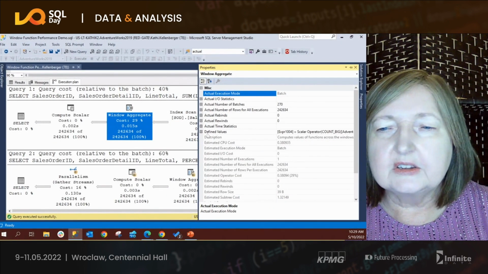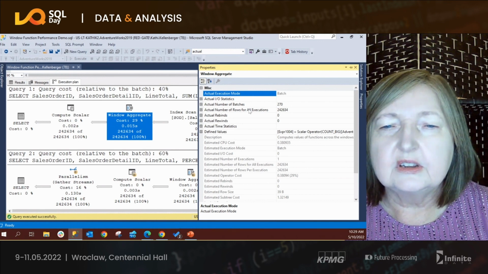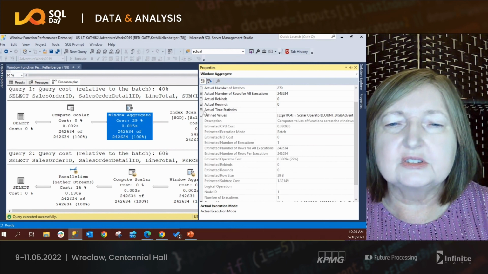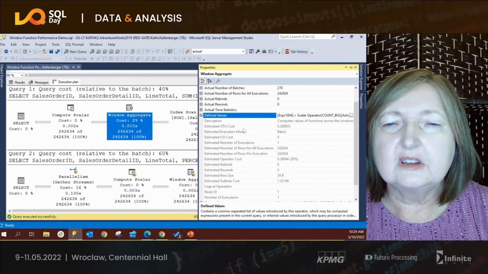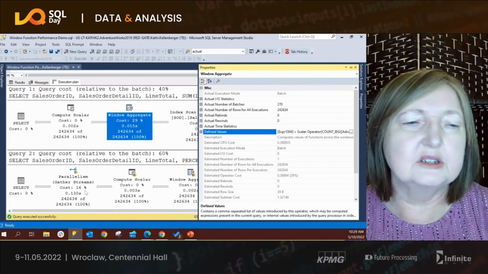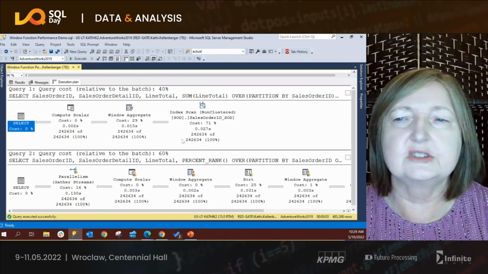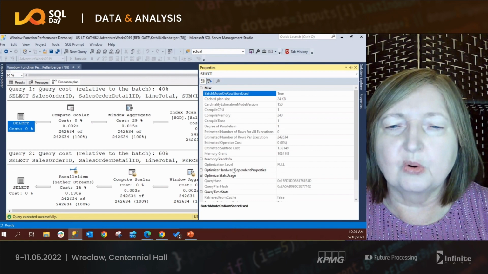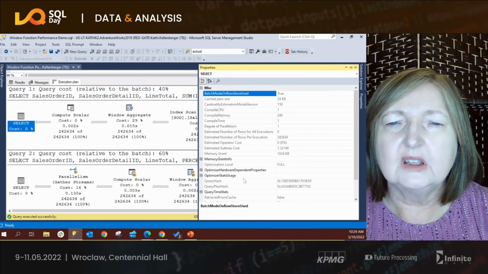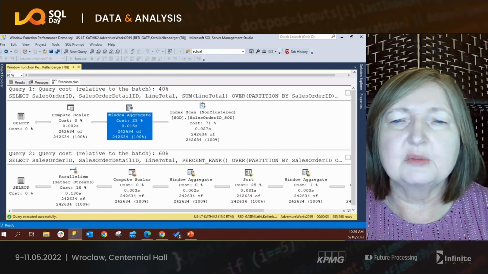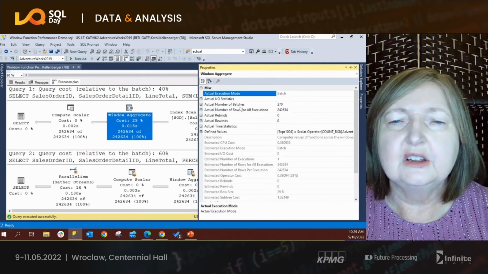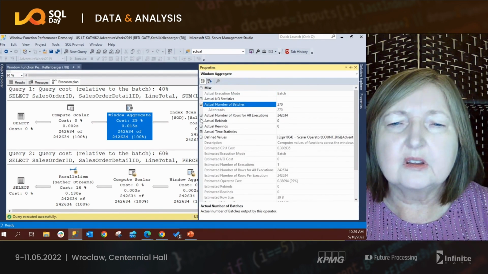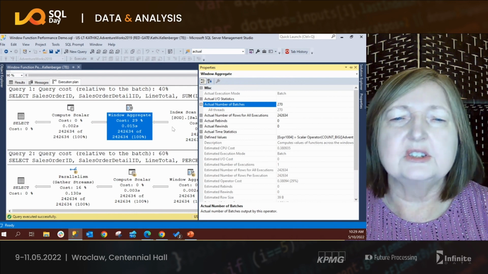And I can see it had 270 batches. I thought somewhere I could see how it divided the batches up. Batch mode on row store. Let me expand that. Nope, I'm not seeing it.